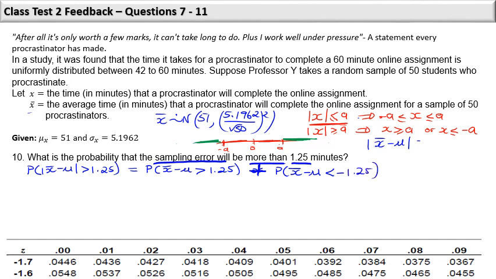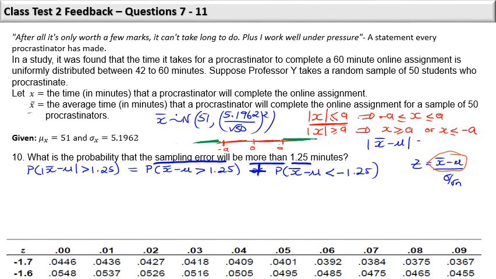So now what's left is for us to standardize. Remember, in the previous question we calculated z by saying x bar minus its mean divided by the standard error of x bar. Now you will see for this question that this top part is already there. What's left for us to do is divide by the standard error.